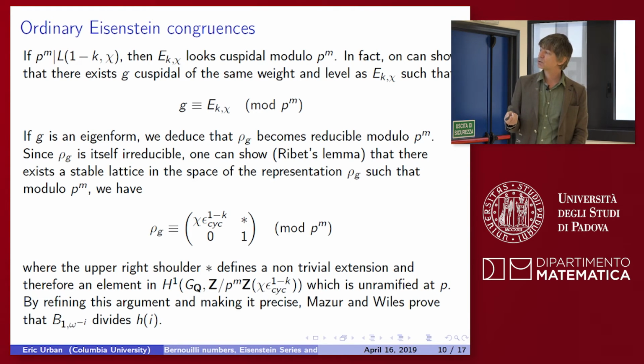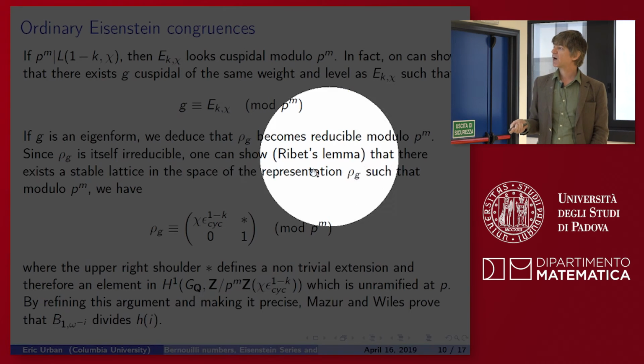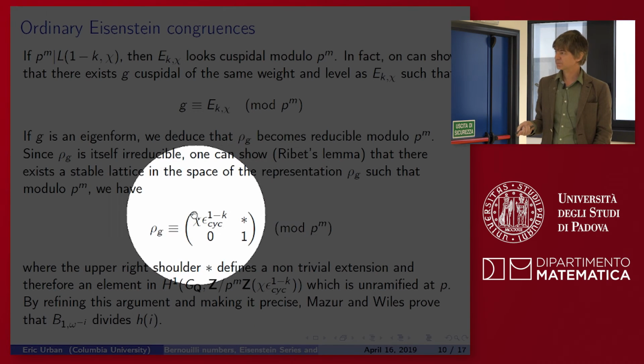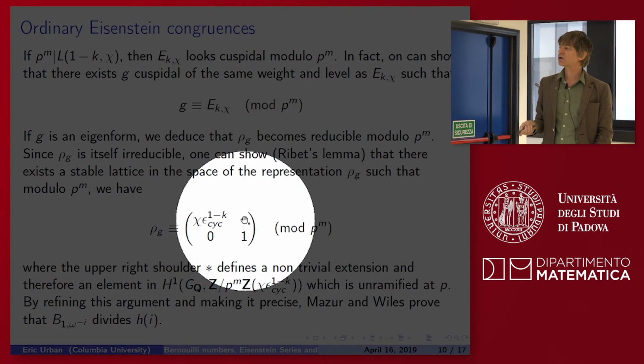And so using this, you can find a stable lattice, stable by Galois, so that the representation rho_g on this lattice, modulo p to the m, has the following shape, such that this star here is non-trivial.